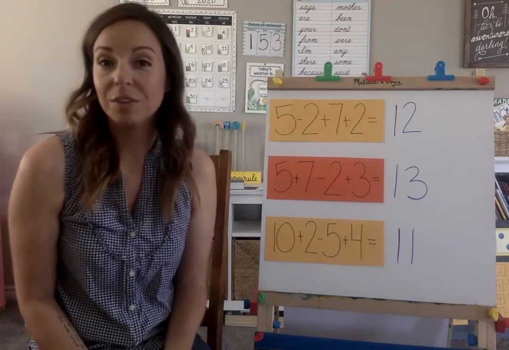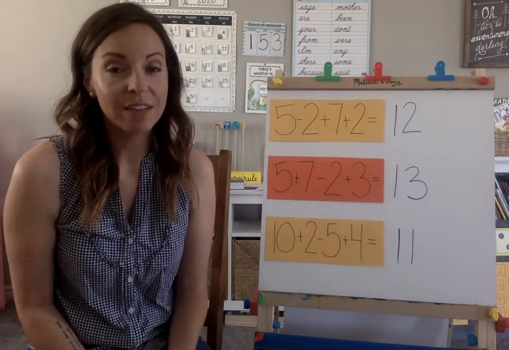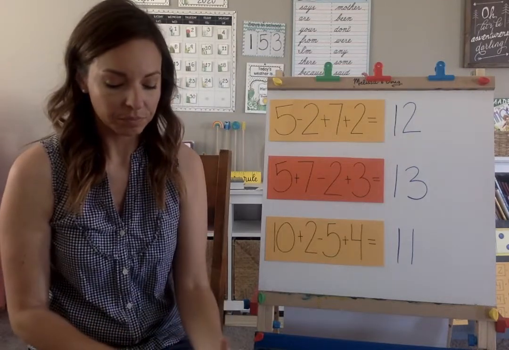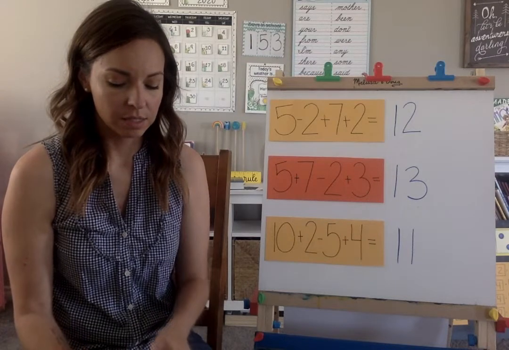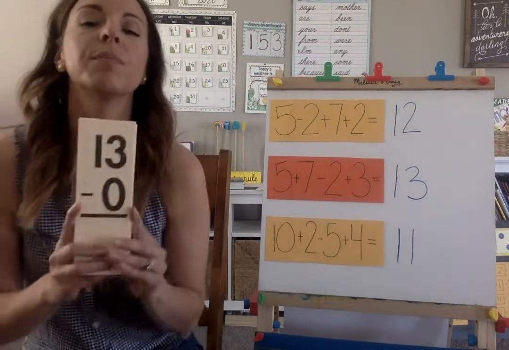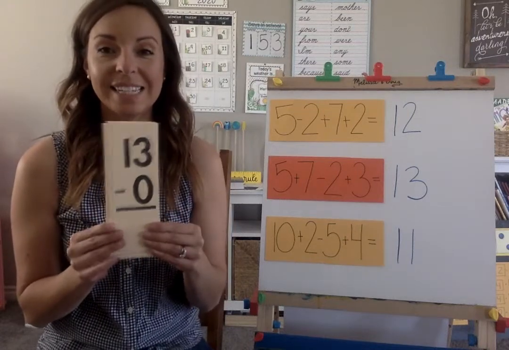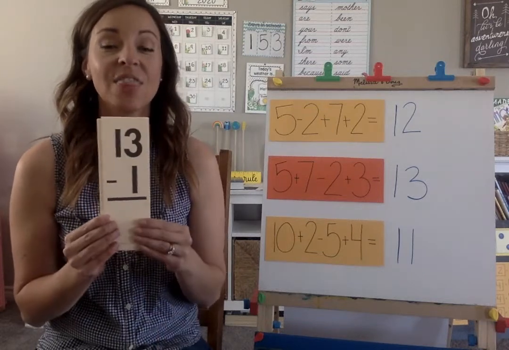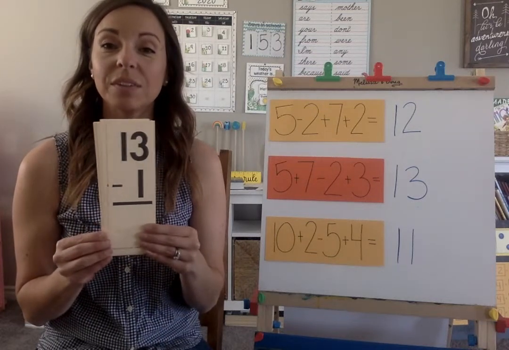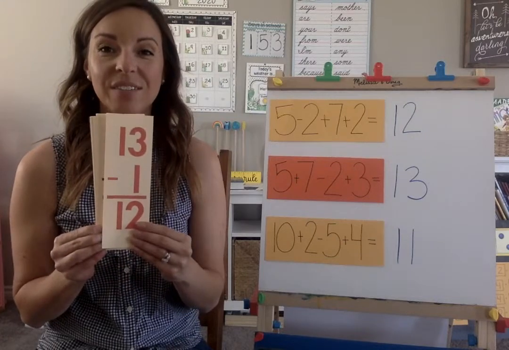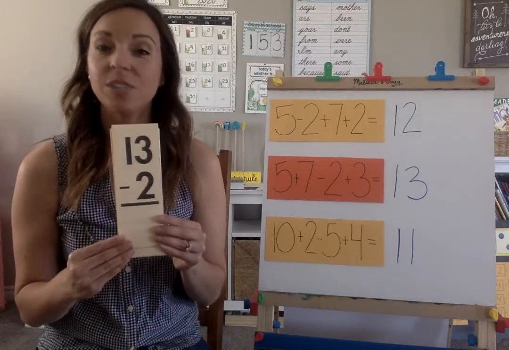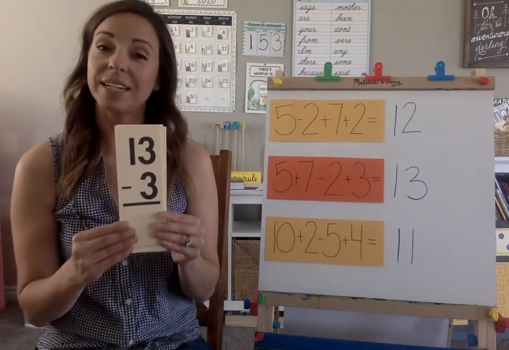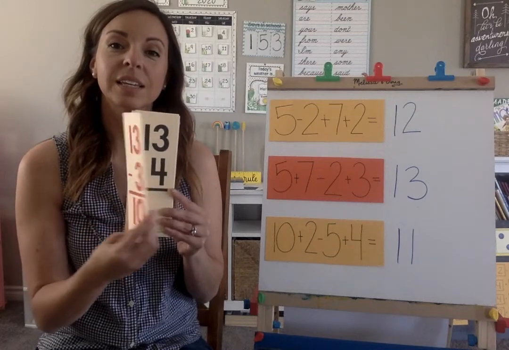So I'm going to be showing you the flashcards for that family and you are going to say them with me, okay? 13 minus 0 equals 13. 13 minus 1 equals 12. 13 minus 2 equals 11. 13 minus 3 equals 10.